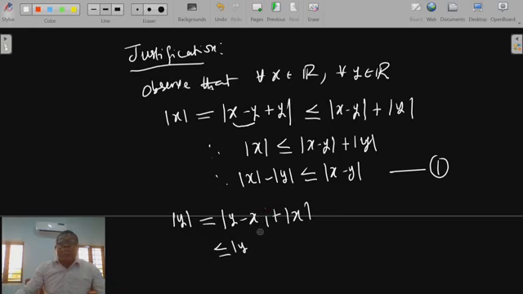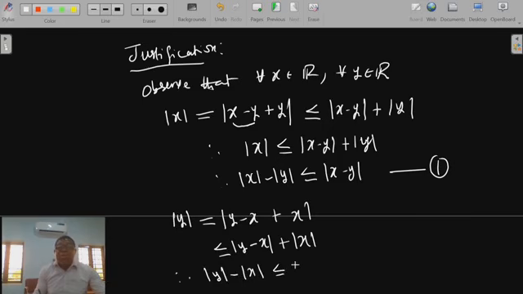What I'm looking at is absolute value of y minus x plus x in absolute value. So that we can apply triangle inequality to get absolute value of y minus x plus absolute value of x. And this will therefore give us that absolute value of y minus absolute value of x will be less than or equal to absolute value of y minus x.